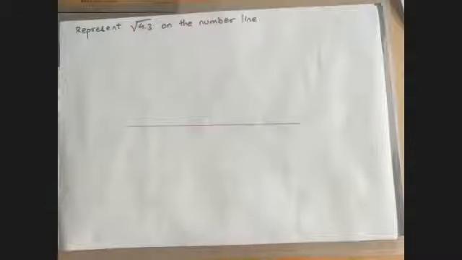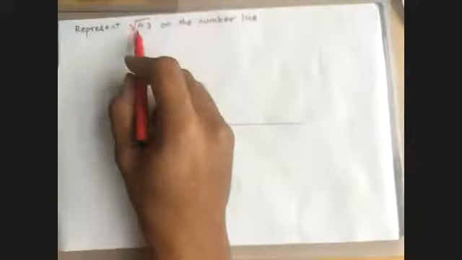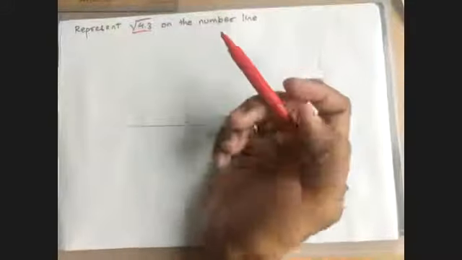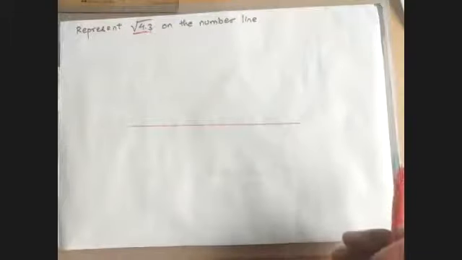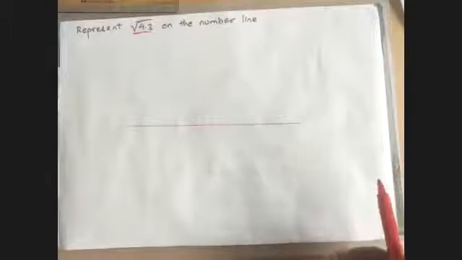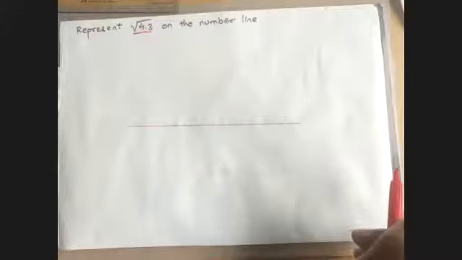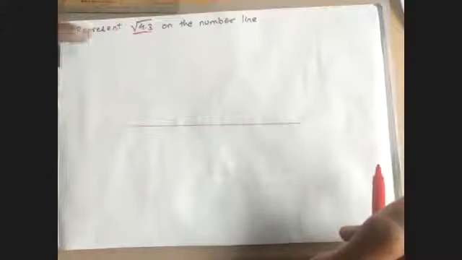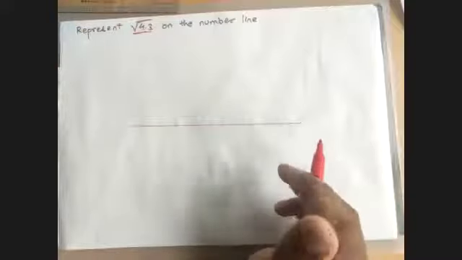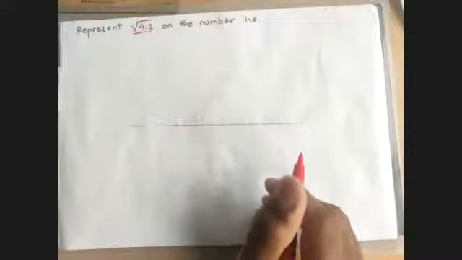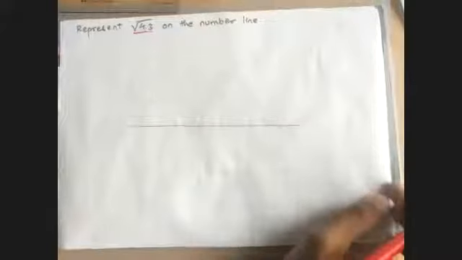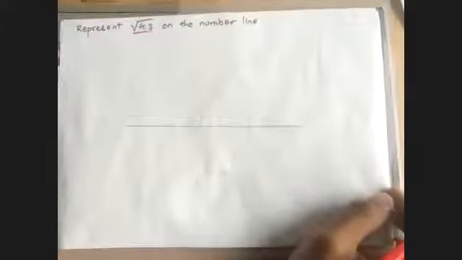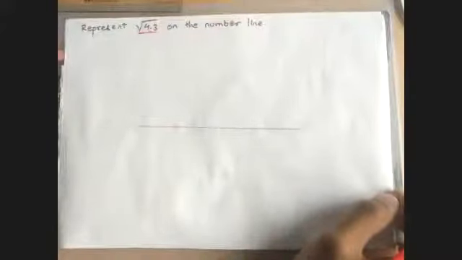Now let us go for a more complex problem. Let us represent root of 4.3 on the number line. Till now we saw the roots of natural numbers. So now how do we represent this root of 4.3? This is a bit complex and not in the syllabus, but I'm just telling you for information which would be helpful in your further classes.